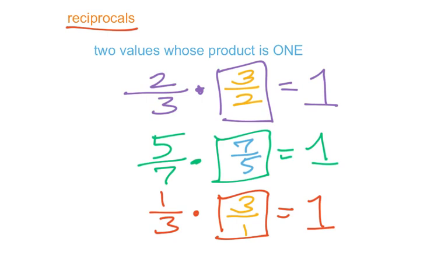Last example before we get back into our original problem. What about 9? 9 times what would give me 1? Hopefully you've seen enough examples and you're using your brain, and you would say, without a shadow of a doubt, that would have to be 1/9. And you'd be right, because I could place this 9/1 and then multiply straight across or do some cross canceling. And there I would get 1.